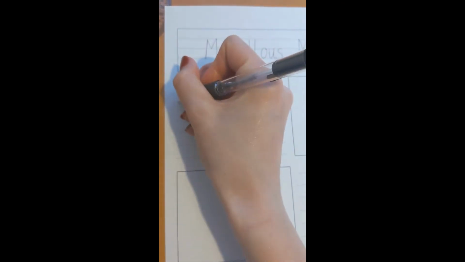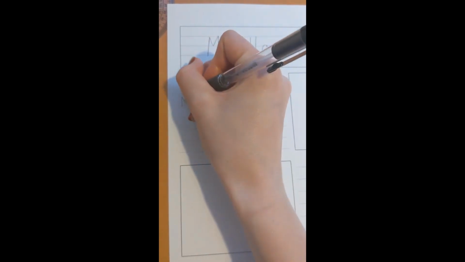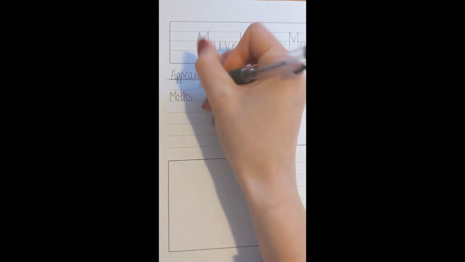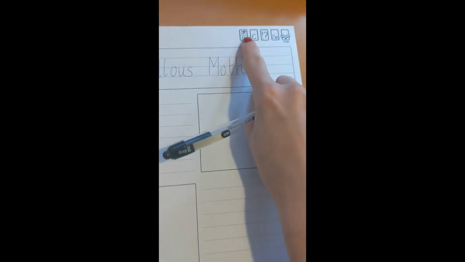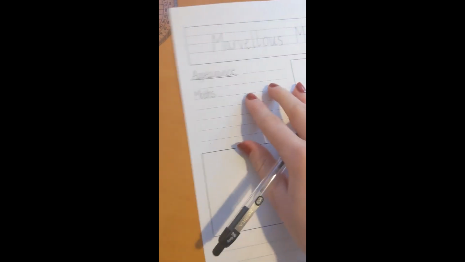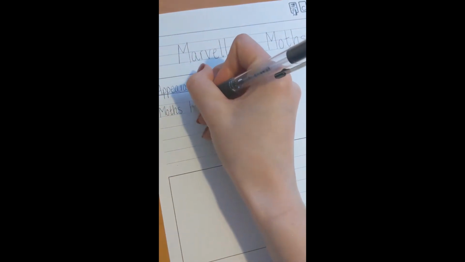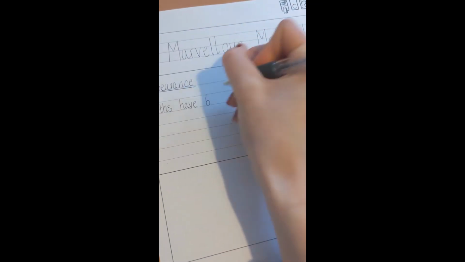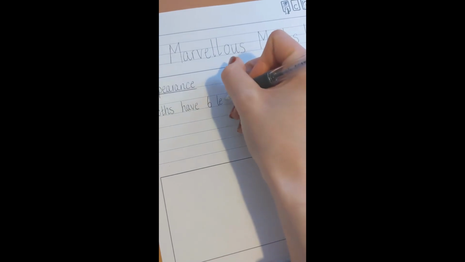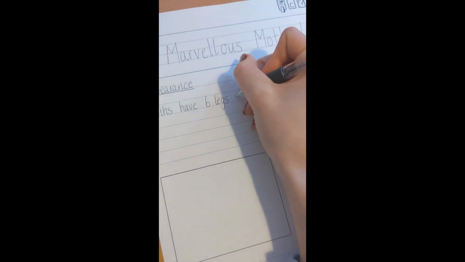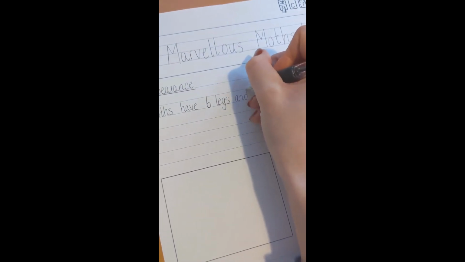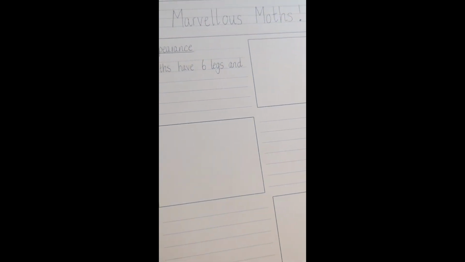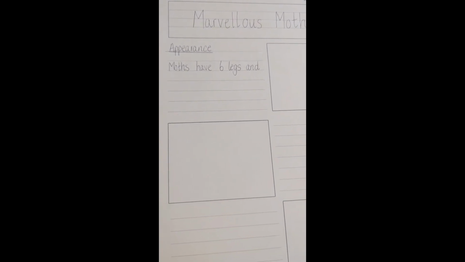So I'm going to write the capital letter at the start of my sentence, moths, checking my finger spaces as that's one of my criteria to hit. Moths have 6 legs and, that conjunction and, I want to say that they have 4 wings, but I'm going to use some adjectives to describe their wings to make it more interesting.